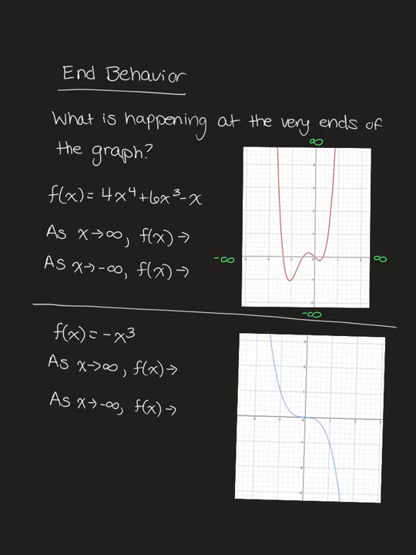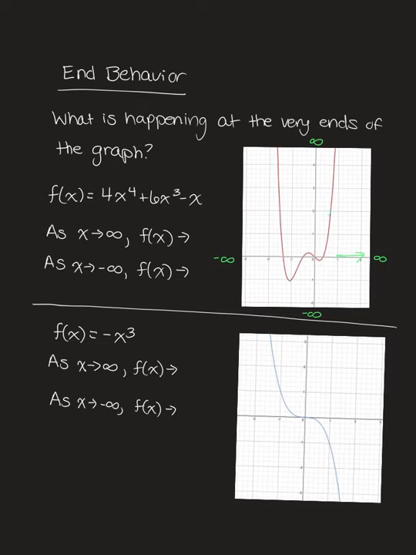So we have this function here, 4x to the fourth plus 6x cubed minus x, and this is what the graph looks like. Our end behavior is as x goes to infinity, what is f of x doing? So as we look this way, where is the graph going? Is it going up or going down?